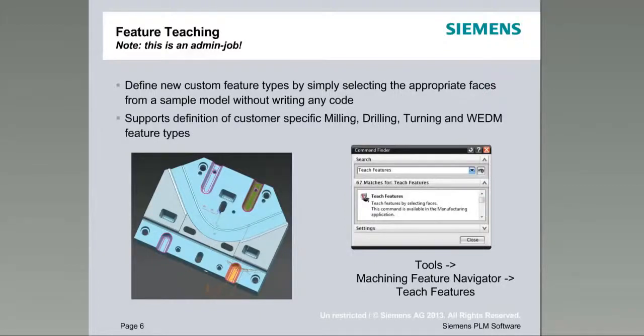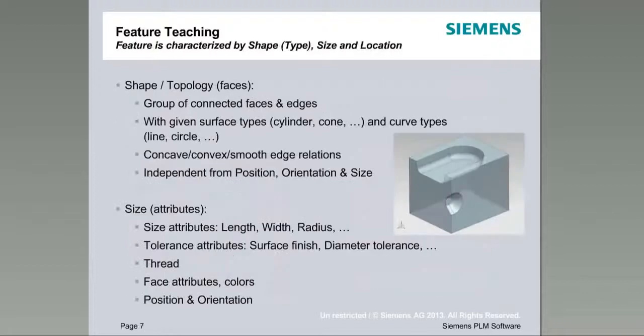Geometry that is repetitive in your types of parts and that you would like to automate might not be recognized by our out-of-the-box features, and that's where feature teaching comes in. With feature teaching, we're basically going to take some geometry and say, from now on, this is something that the software should recognize as a feature.